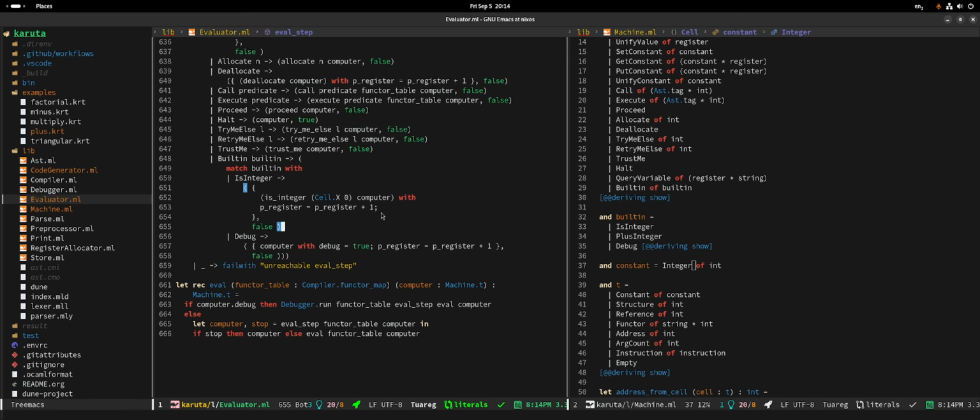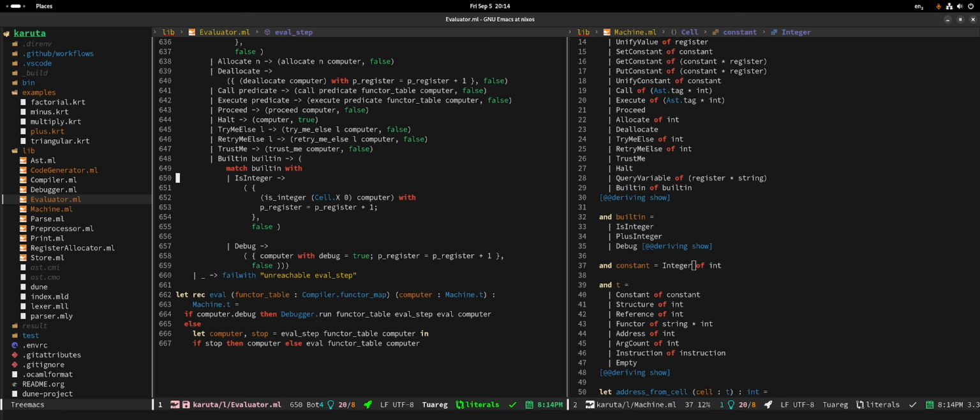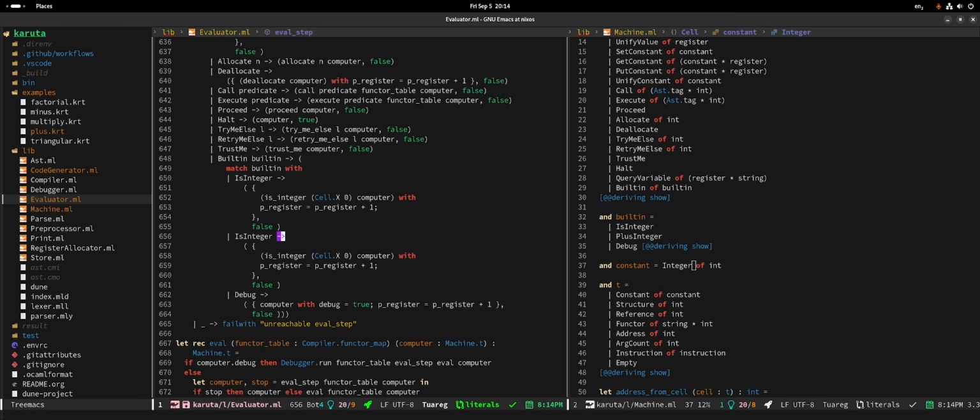And you're gonna do the same thing with the plus, right? Yes, but plus is going to be a little bit more involved because it needs to check if at least two of the arguments are already bound. Oh, but that's not what this is. Right now this is just the eval step. So in here we say plus integer, and then here we're gonna put the arguments.